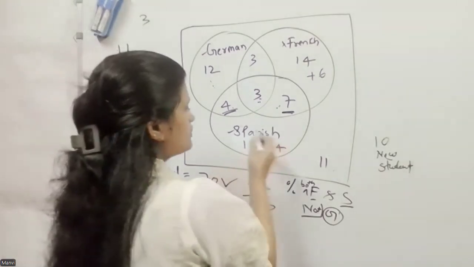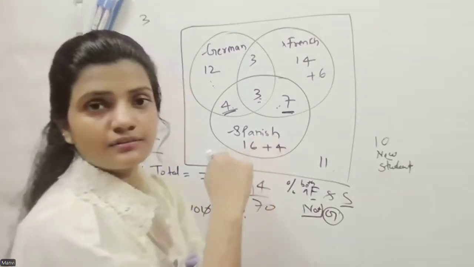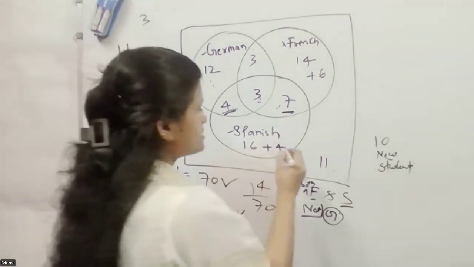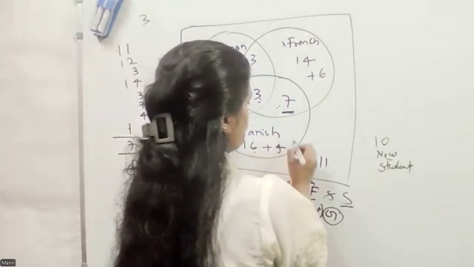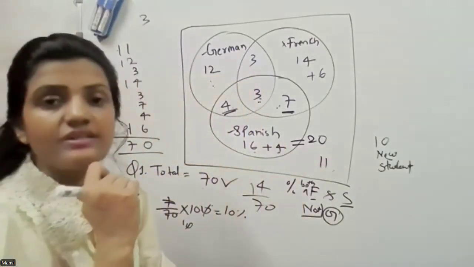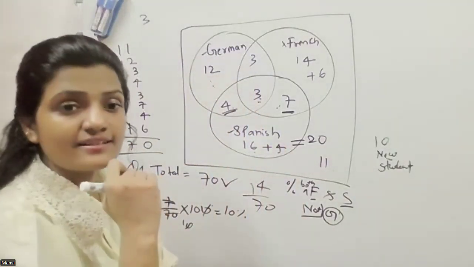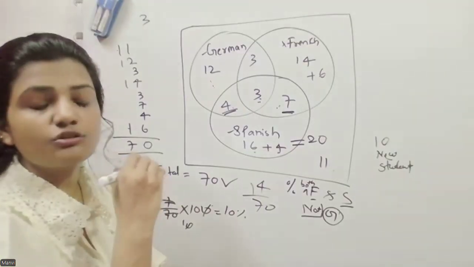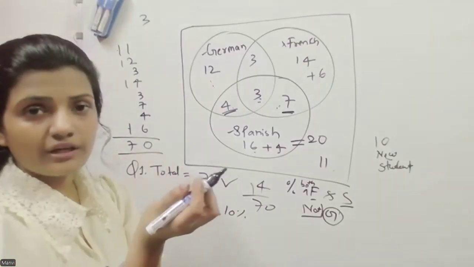They asked about only Spanish, right? So only Spanish will be 16 plus 4, which is 20. As we need to find the percentage, first we need to write this as a fraction.